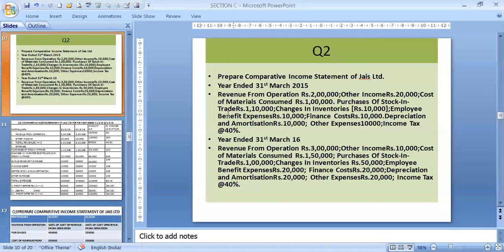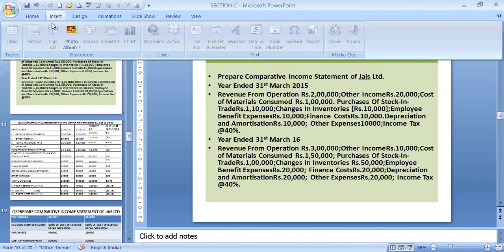Students, notice that cost of material consumed is 1 lakh in 2015 and 1,50,000 in 2016, so the change is 50,000. If you see the next part, it is given purchase of stock in trade 1,10,000 and change in inventory is 10,000.